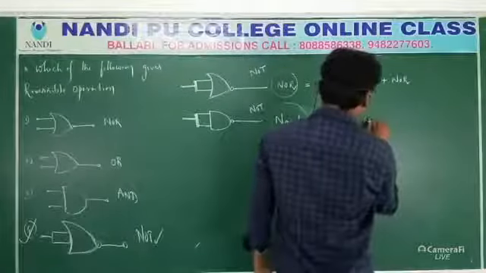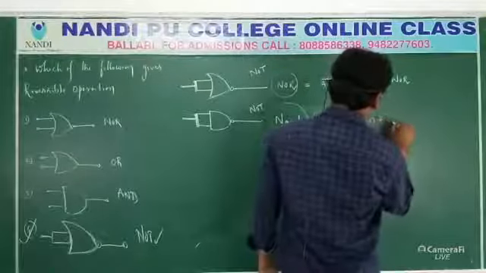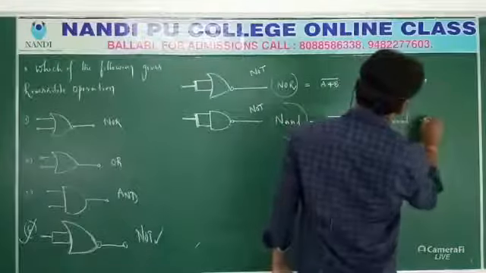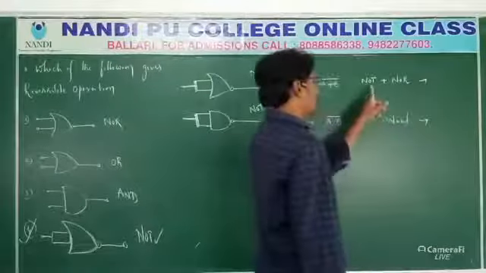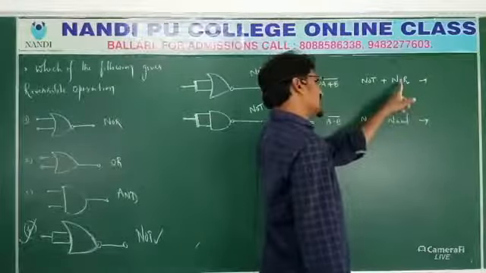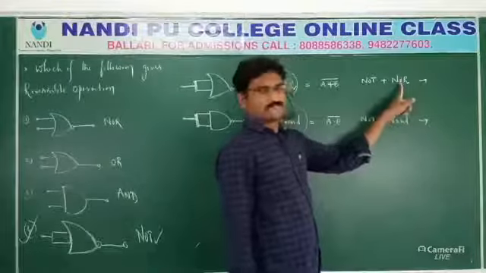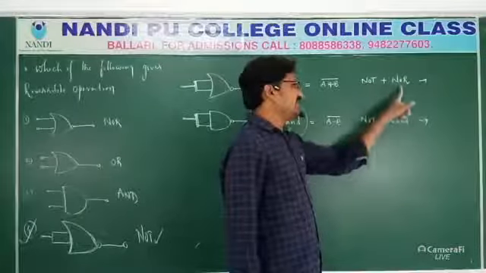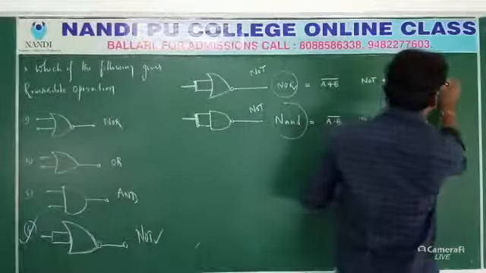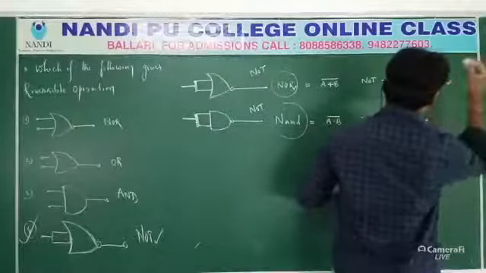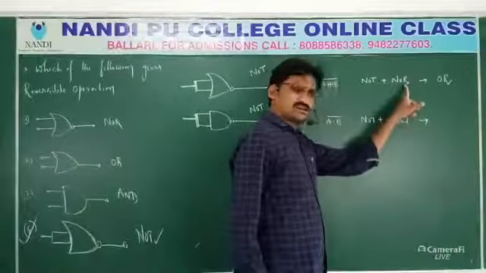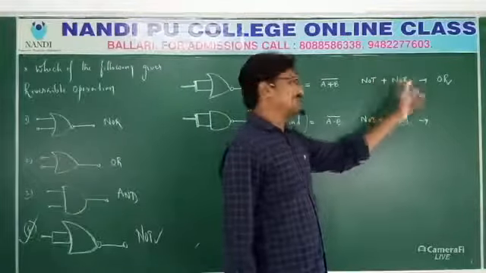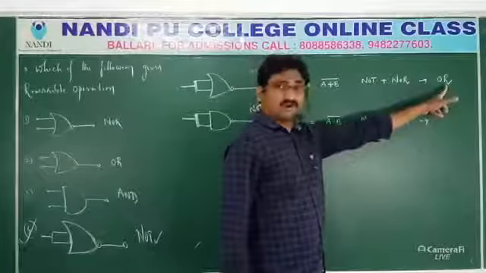And when this NOT gate is connected to NAND, what will happen? Which is very important. One NOT gate plus NOR: here NOR already has one NOT, and again we are adding one NOT gate. So one NOT gate added to a NOR gate gives you an OR gate. The two negatives cancel, remaining an OR gate.